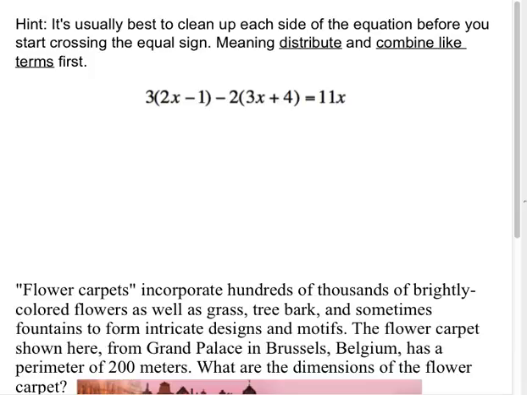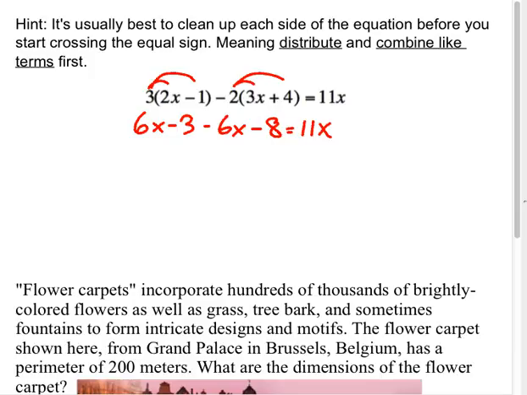So I'm going to distribute that 3 and I'm going to distribute the negative 2. So here, this gives me 6x minus 3. This gives me negative 6x minus 8 equals 11x, okay? So again, all I've done is distributed the 3 and distributed the negative 2.